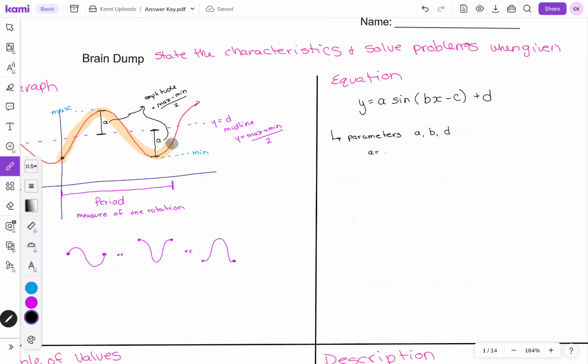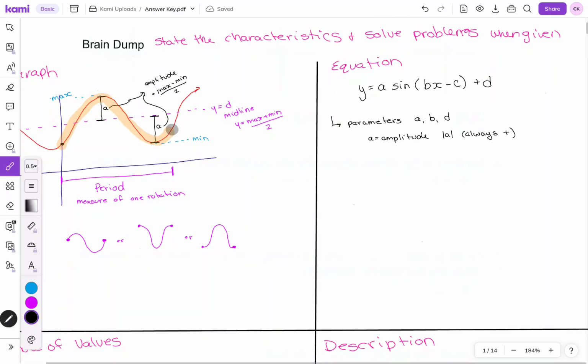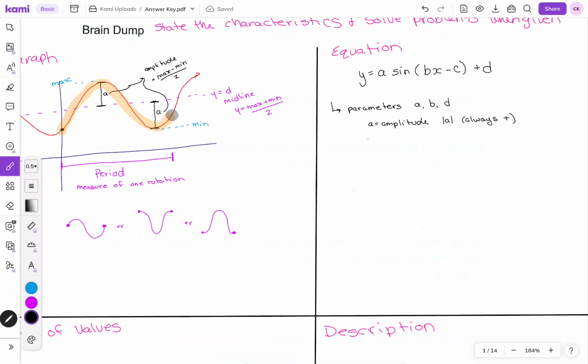A equals amplitude, and remember it's the absolute value of A. A is always positive. So it might be written negative in the formula, but the amplitude you write would be the positive.